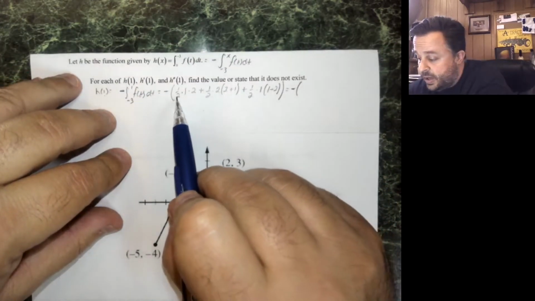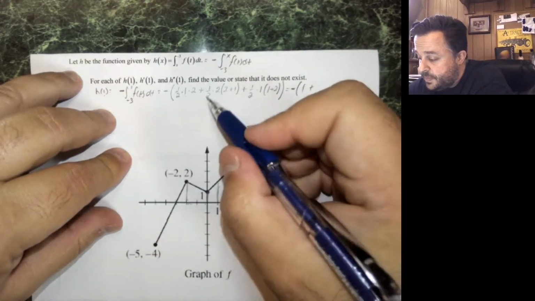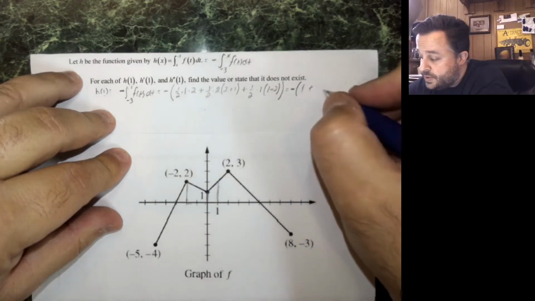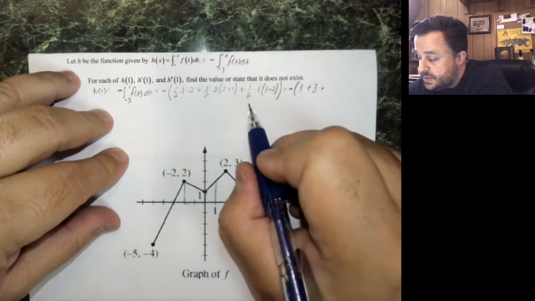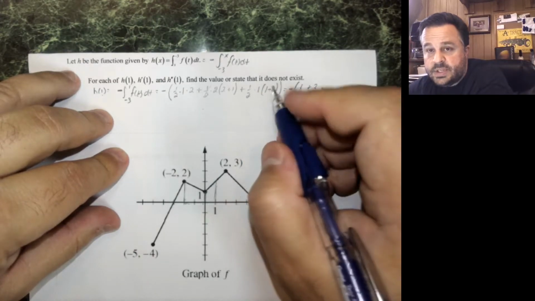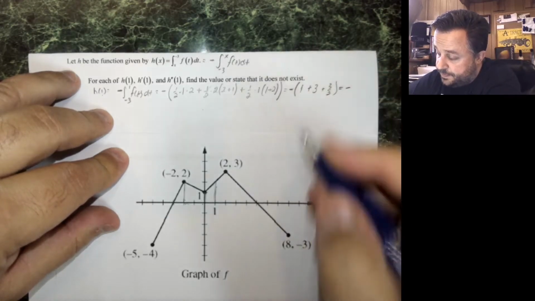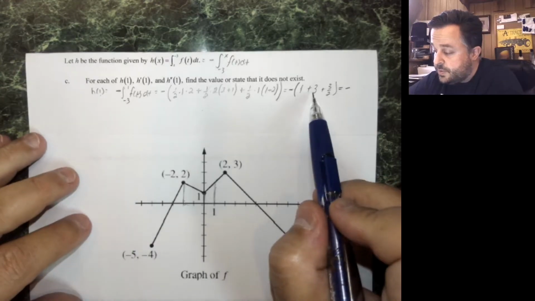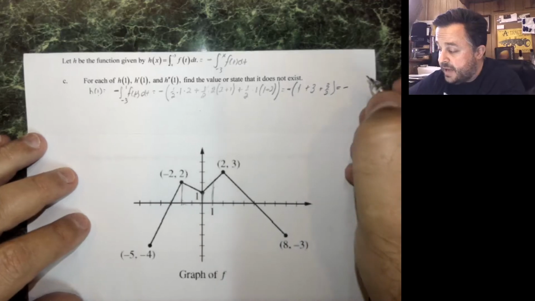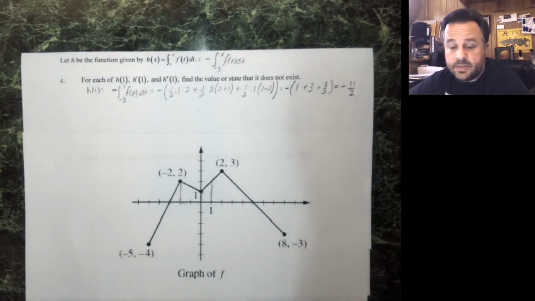So up here, 1/2 times 1 is 1/2, times 2 is 1. Plus, in this trapezoid, the half and the 2 will cancel, so 2 plus 1 is 3. Plus, here 1/2 times 1 is 1/2, 1 plus 2 is 3, 3 times 1/2 is 3/2. So I get 1 plus 3 is 4, which is 8/2, plus 3/2 is 11/2 for h of 1.